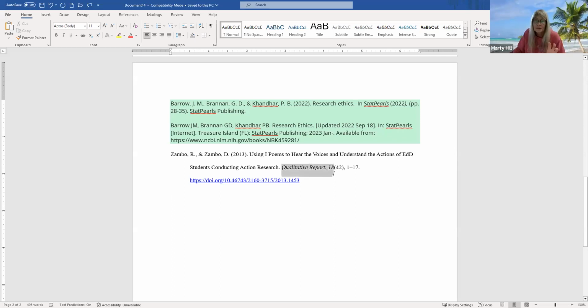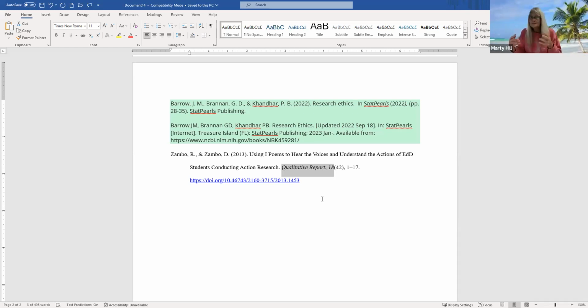The title of the journal that the article is in goes in italics. What I had to do whenever I started learning APA formatting, and back in the day we had to go to libraries and find hardback books, and the journal articles were in a book.